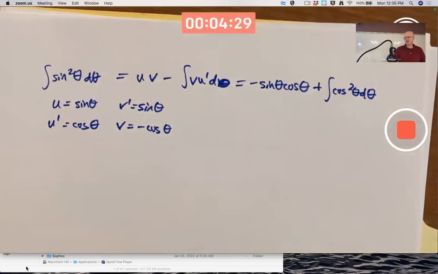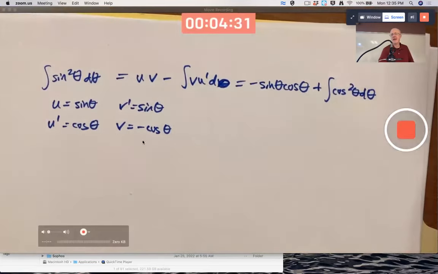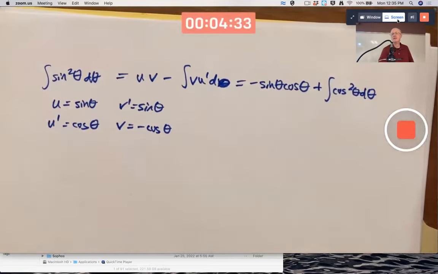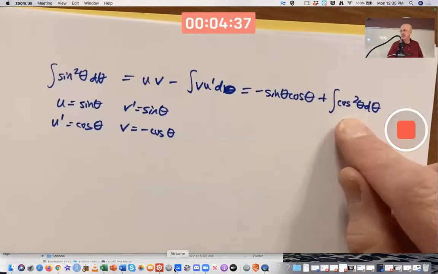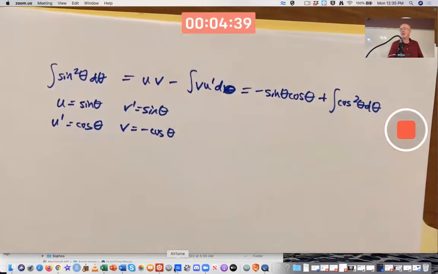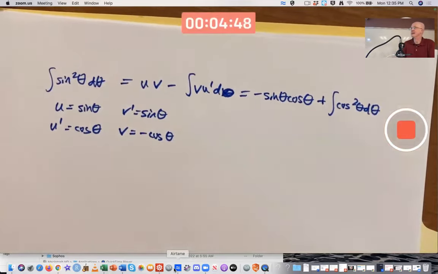This should feel a little familiar. You could use integration by parts again, use it twice. Let u equal cos theta and v prime be cos theta, and that would be a fine way to do it. But it's actually not necessary at this point because we have trigonometric identities. You know that cos squared theta plus sine squared theta always equals 1.